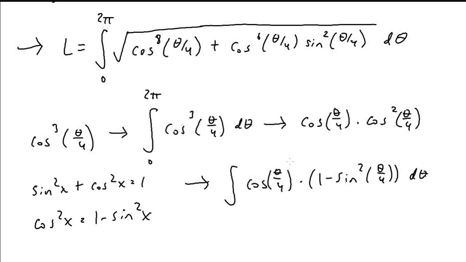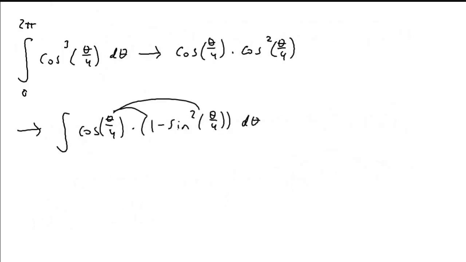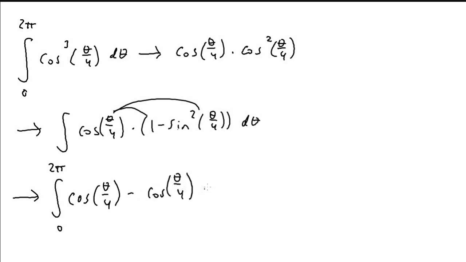And now what I can do is distribute cosine over to both terms. So to rewrite the integral once again, we'll get from 0 to 2 pi, which are the bounds. So now cosine of theta over 4 times 1 is obviously still cosine of theta over 4. And then we get minus cosine of theta over 4 times sine squared of theta over 4.